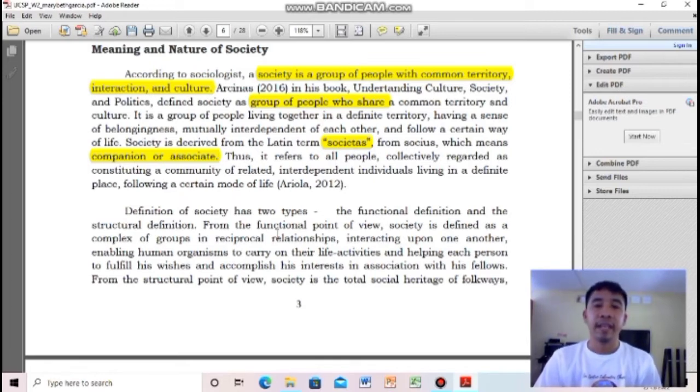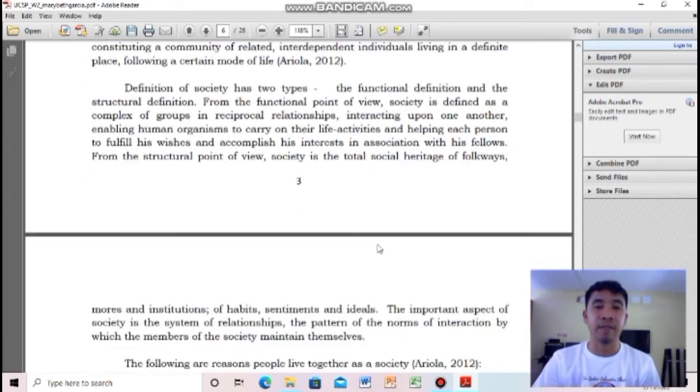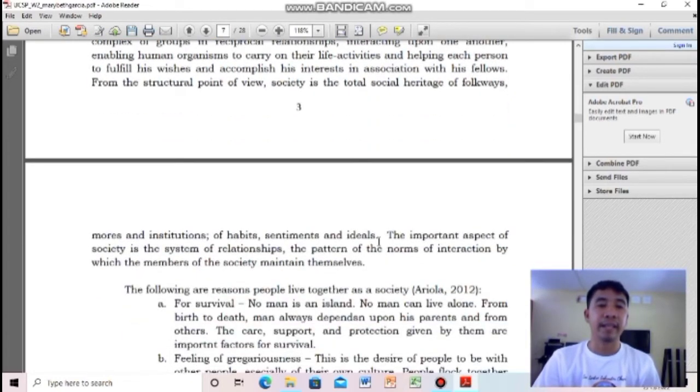But as Sa lingon, it's true that no man can survive without associating, communicating, or living with his or her fellows. That is for the functional. From the structural point of view, society is the total social heritage of folkways, mores, and institutions of habits, sentiments, and ideals.